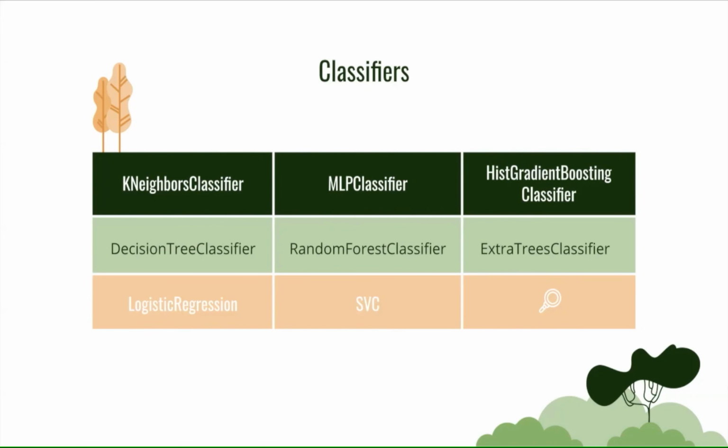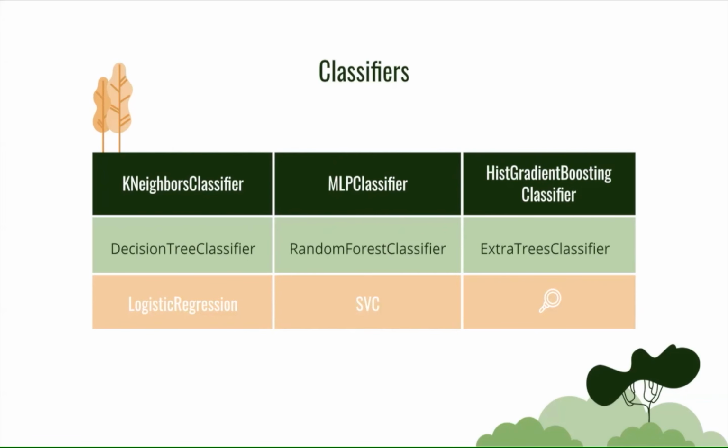The difference is that random forest is a meta estimator that fits a number of decision tree classifiers on various subsamples of the dataset and uses averaging to improve the predictive accuracy and control over-fitting. And the extra trees classifier fits a number of extra trees. We also use logistic regression and C-support vector classification to find the best fit of our data.